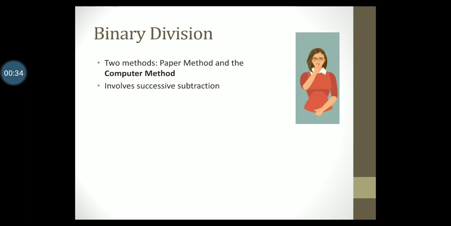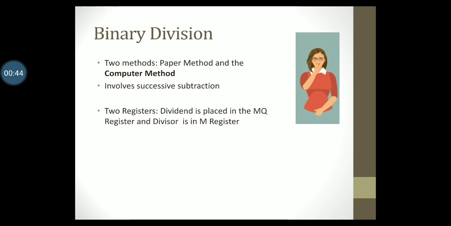If you need to brush up on binary subtraction, please stop this video and look at the video on binary subtraction. This method assumes the use of two registers. As I have mentioned before, a register is a storage space in computer memory with a certain size capacity. For example, I can have a register named the accumulator with a size of 16 bits.